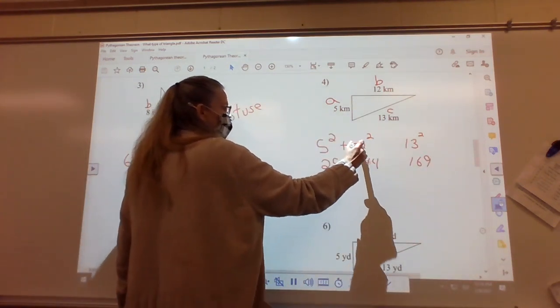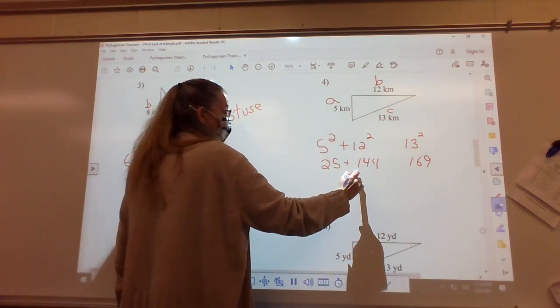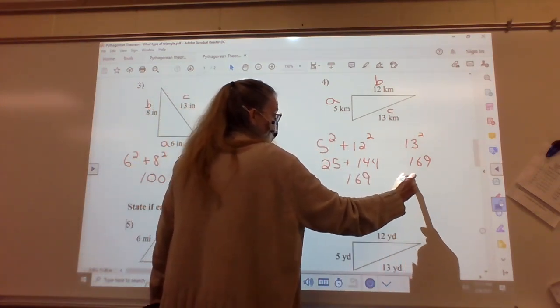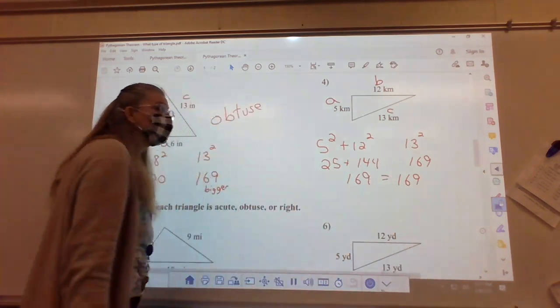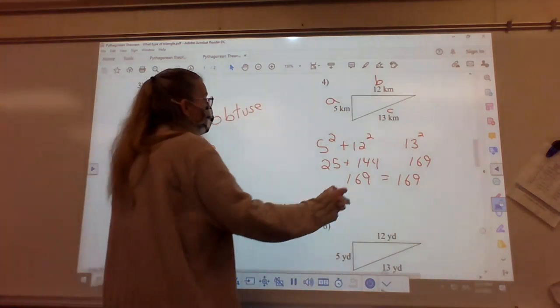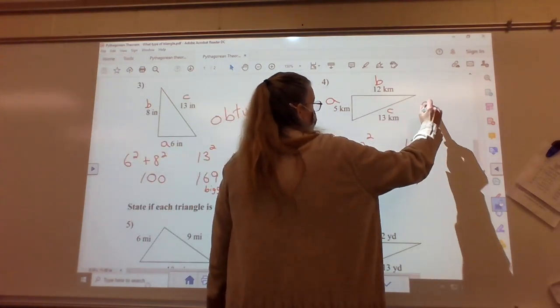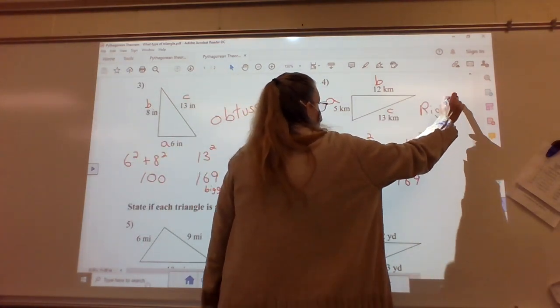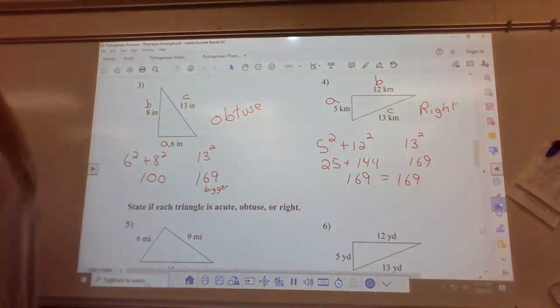Add your A squared and your B squared together, you get 169. So it's right. It's exactly what it needs to be. It's identical numbers, so therefore it did work. So it is a right triangle. So now go ahead and work on the rest of this worksheet.